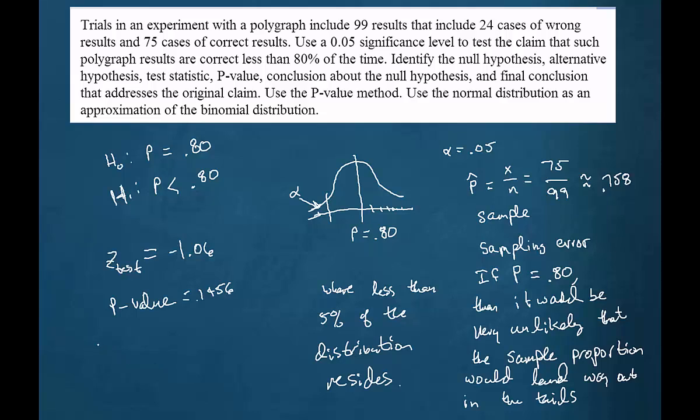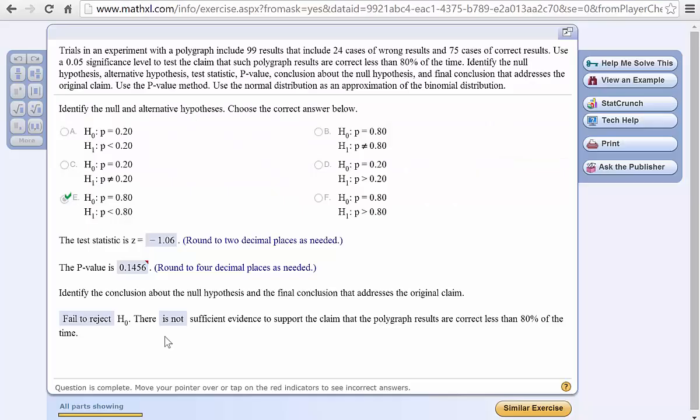Now, since this p-value, 0.1456, is greater than alpha, 0.05, we do not reject the null hypothesis. And we would conclude that there is not sufficient evidence to support the claim that the polygraph results are correct less than 80% of the time.